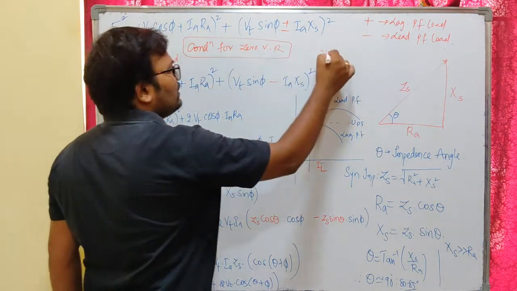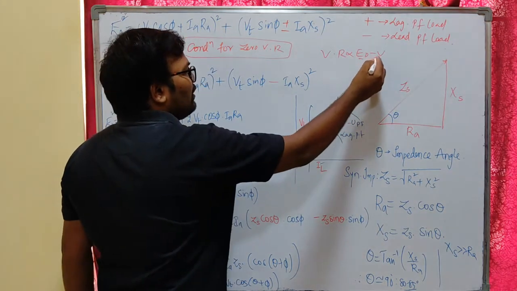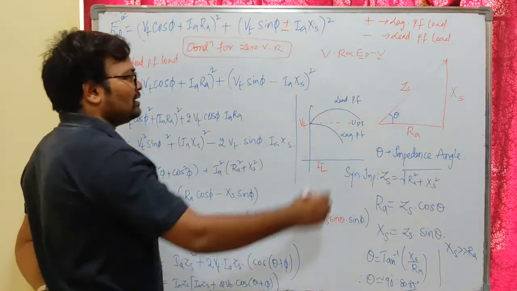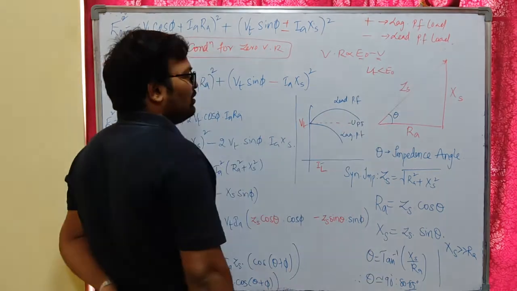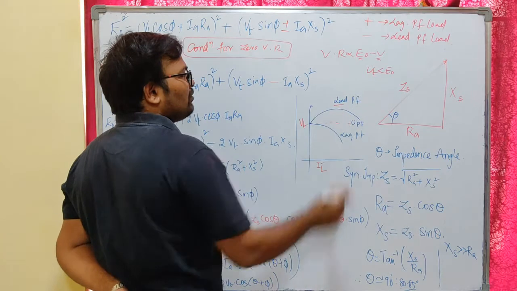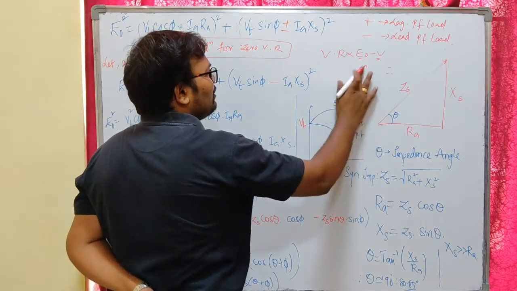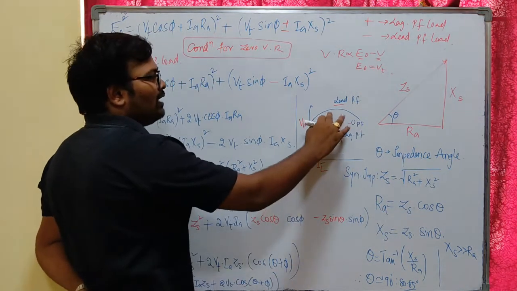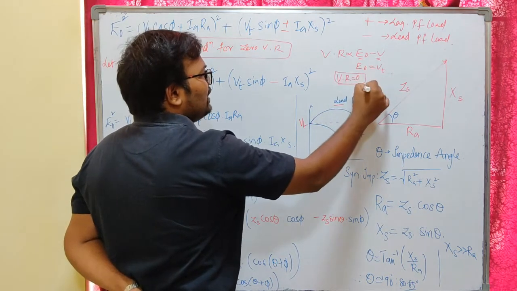We know that voltage regulation is proportional to E naught minus V. So whenever our terminal voltage equals our no load generated EMF, that is possible with leading power factor, because terminal voltage is normally less than our generated EMF under loaded condition. But if you have a leading power factor load, the terminal voltage will increase and it can become equal to E naught. That means voltage regulation will become zero at leading power factor load.